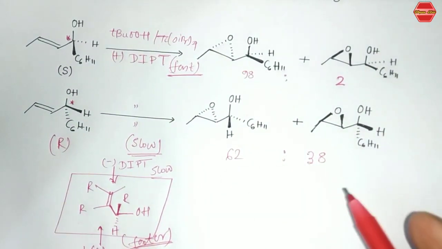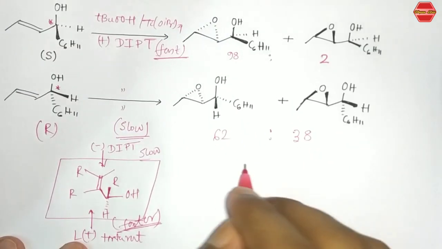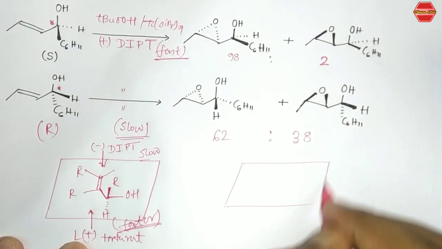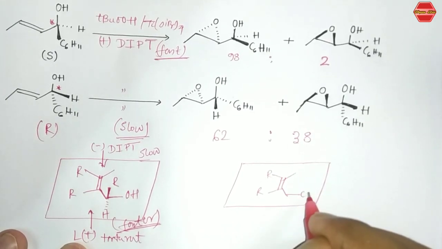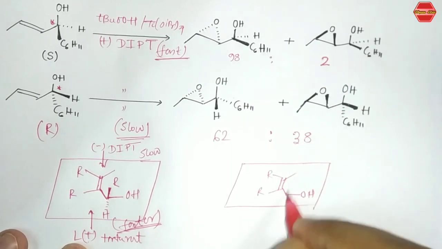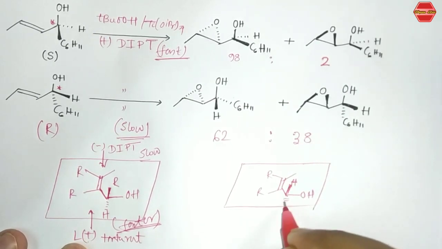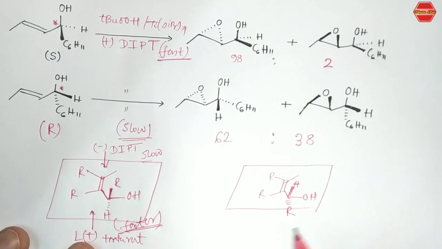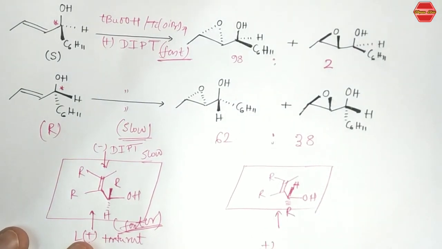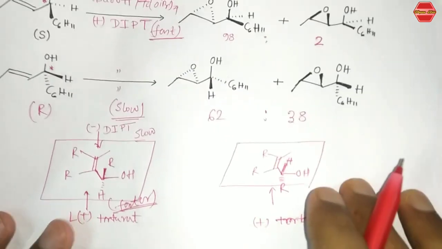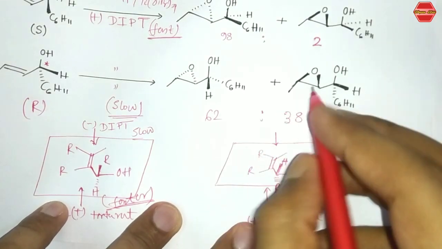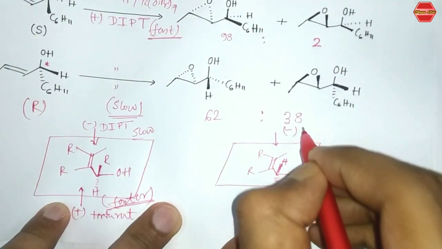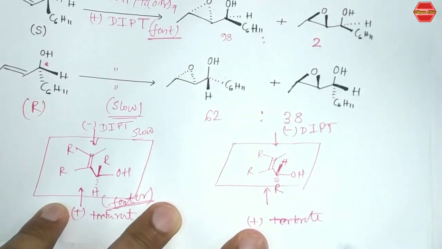That is R1. Now when we use the same thing, this is your R, this is your CH2OH alcohol, with R on the upside and the hydrogen on the lower side, and we use plus tartrate, or the other condition, minus DIPT, or any kind of tartrate.